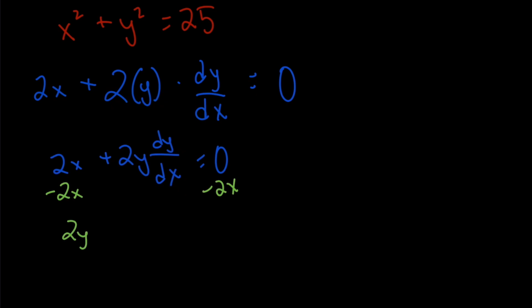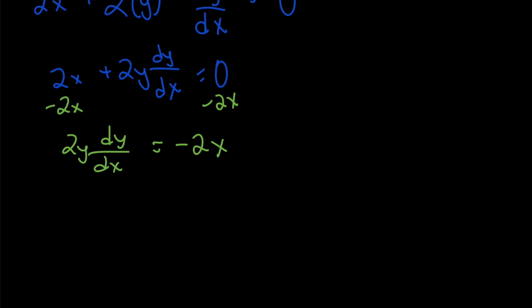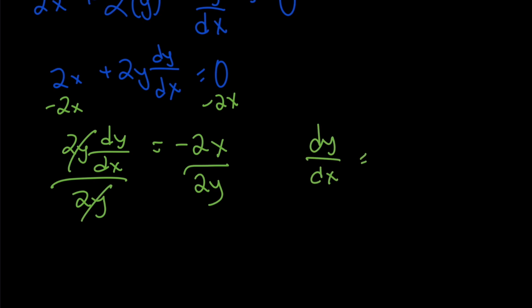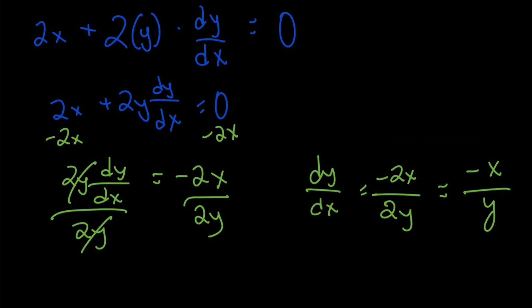You get 2y dy/dx equals negative 2x. And then you divide by 2y, cancel that out. So you get dy/dx equals negative 2x over 2y. And we can also simplify that to negative x over y. And that's how you take the derivative.